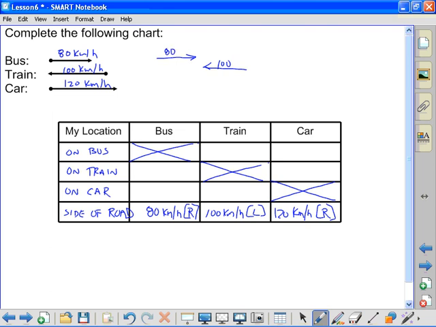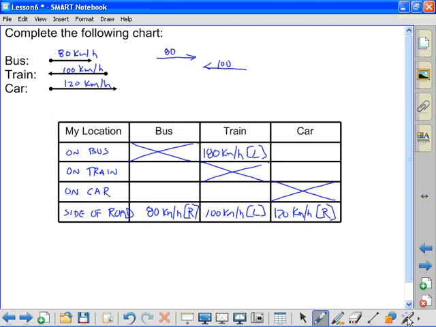It actually looks like the train is doing 180 kilometers an hour to the left. Because your brain fixes itself in its relative location, and it has the bus as stationary in your head. So when you see the train coming at you, you don't perceive the train doing 100 kilometers an hour. You actually see it doing 180 screaming at you.